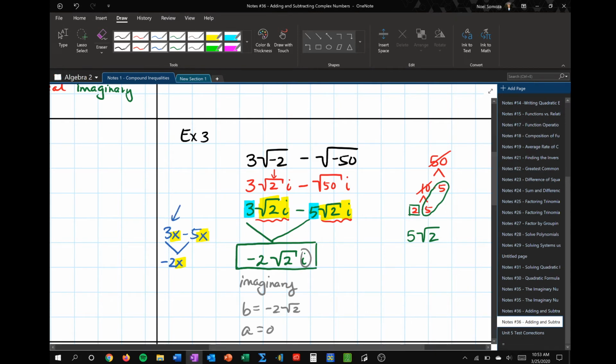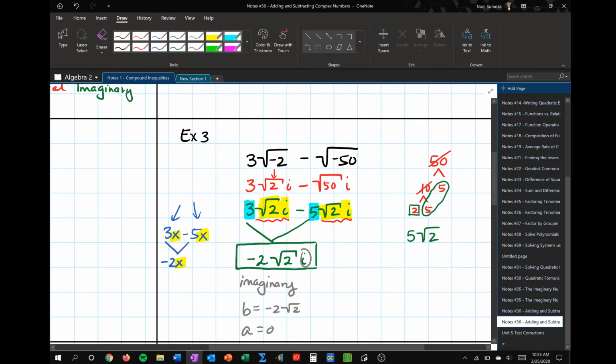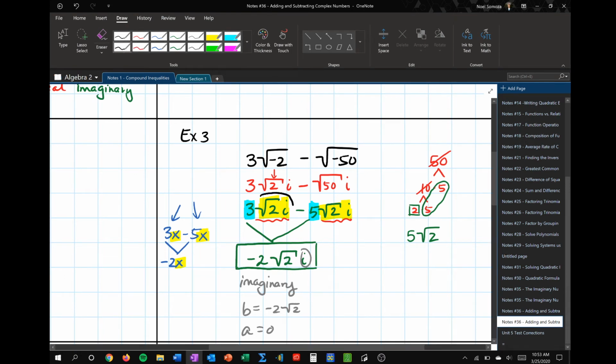So I want to bring you back to this. If I had 3x minus 5x, I'm allowed to combine 3 and 5. Those coefficients can combine as long as they have the same variable. The same idea applies here. With the 3 and the 5, I'm treating those as coefficients, and I'm treating this part, the square root of 2i, as one big variable, because they both have square root of 2i.